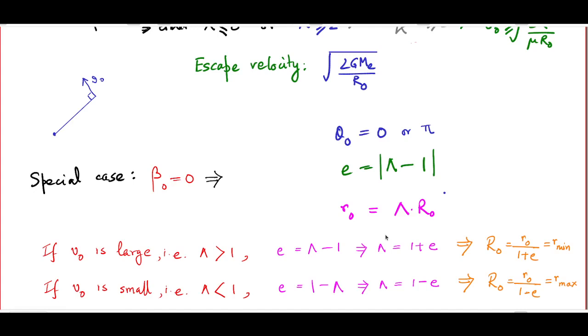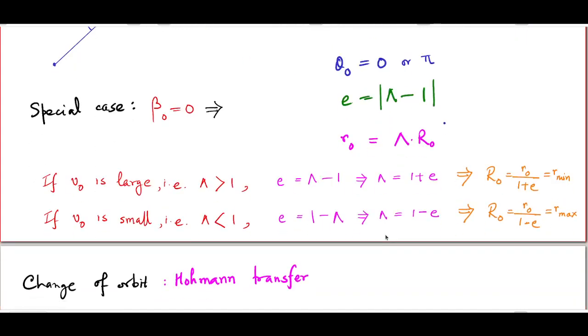Now, this is a huge topic and many different kinds of changes of orbit can take place. We will briefly mention only the most commonly studied one, the one which is also most fuel efficient, and this is called the Hohmann transfer.